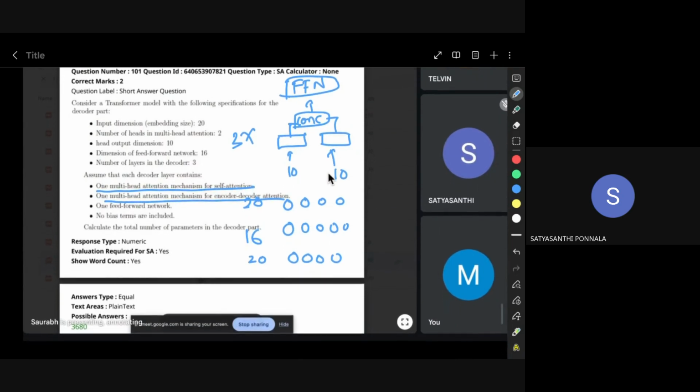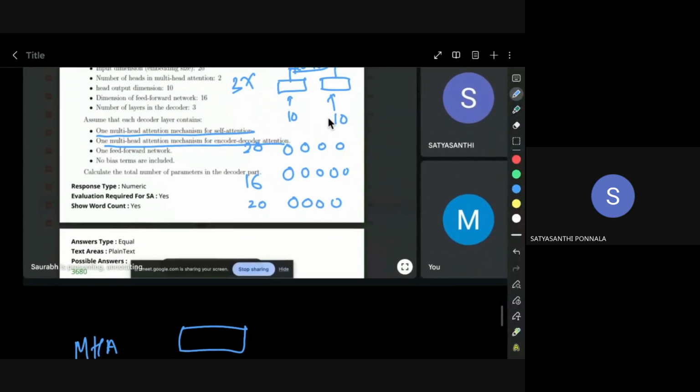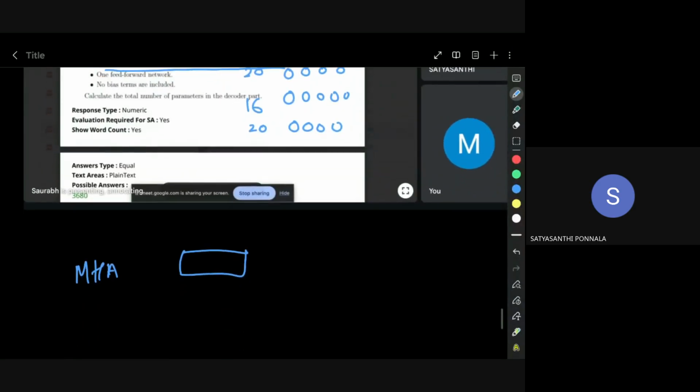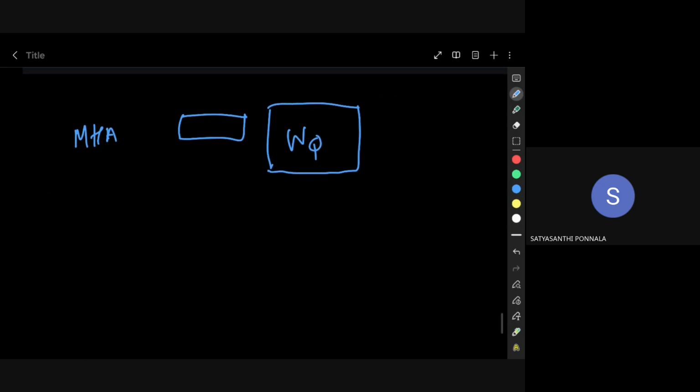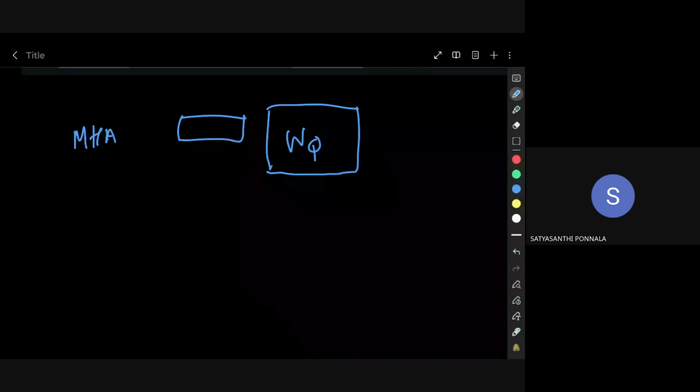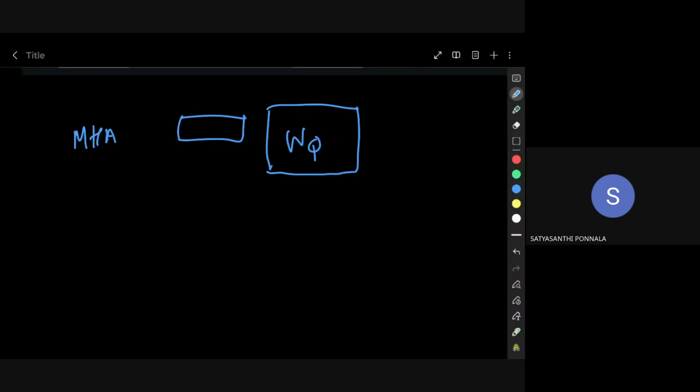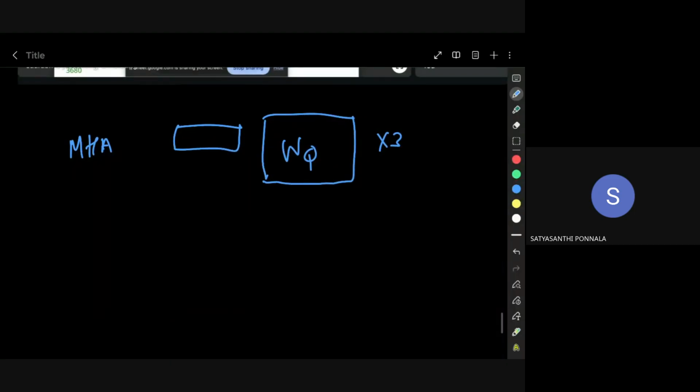Now we have to compute WQ, and generally if we are able to compute WQ, we multiply it by 3 because we have WK and WV. By default we assume that these three have the same dimension.